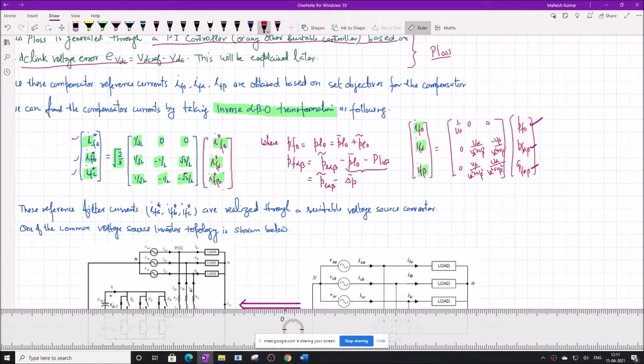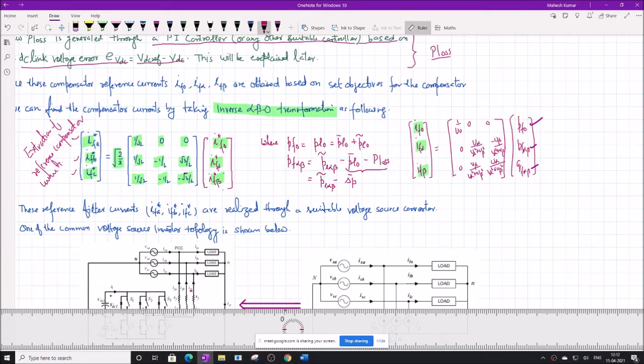It basically means that we have extracted, this is called extraction of reference compensator currents, for the given compensation characteristics, that is, the objectives that we set for the compensator.